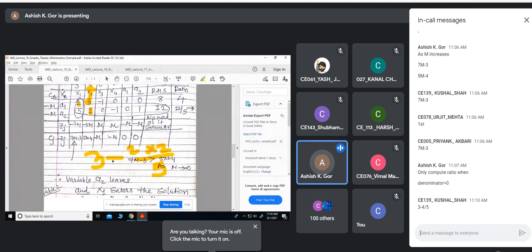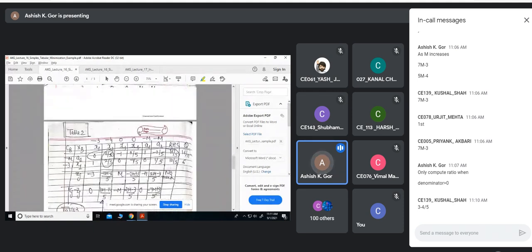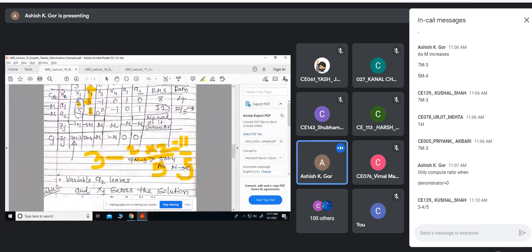So don't forget that, right? 3 minus 4 by 5 is 15 minus 4 by 5, which is 11 by 5. So this is 11 by 5. And the same way, you have to compute all the other entries.